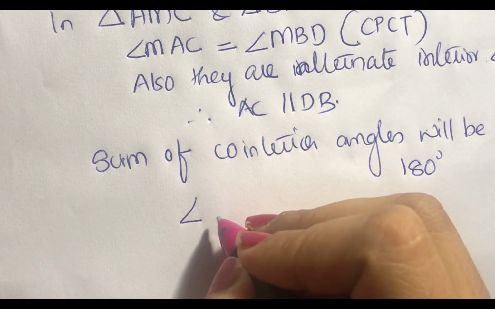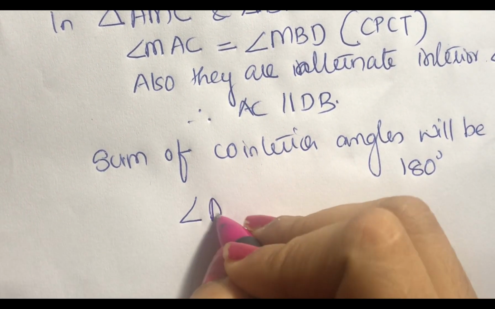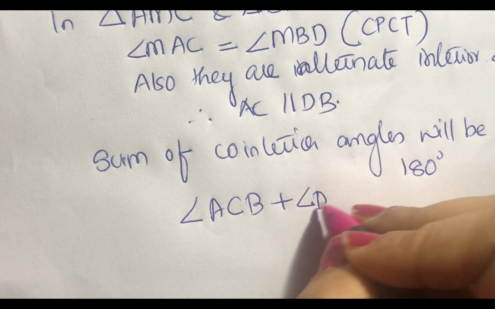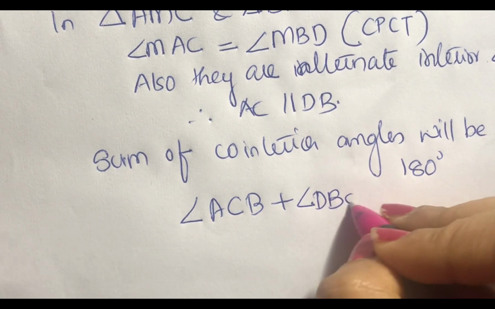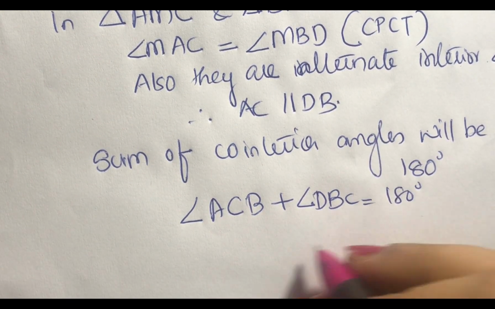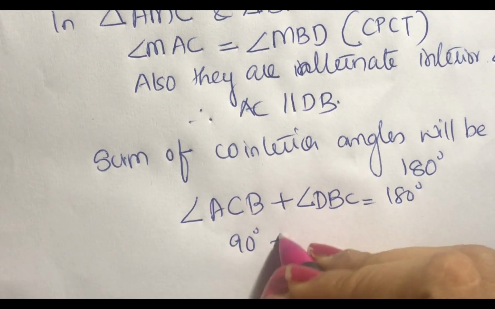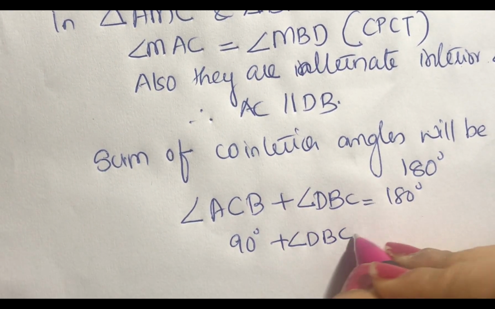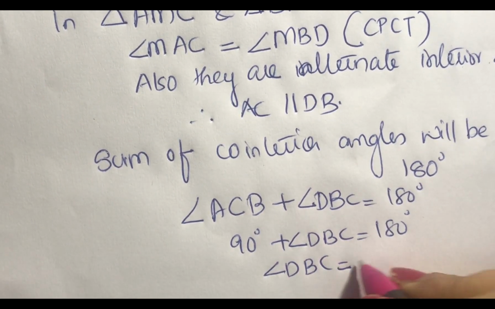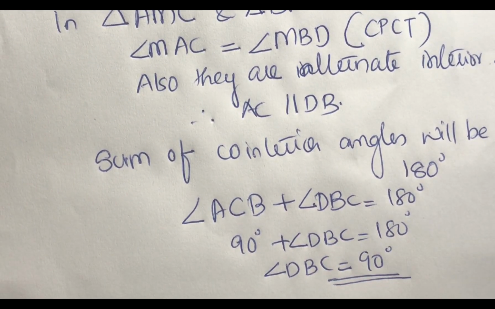Therefore angle ACB plus angle DBC is 180 degrees. Angle ACB is 90 plus angle DBC is 180 degrees. Therefore, angle DBC is 90 degrees.